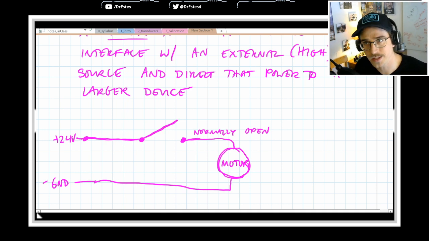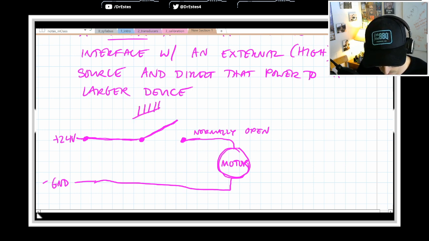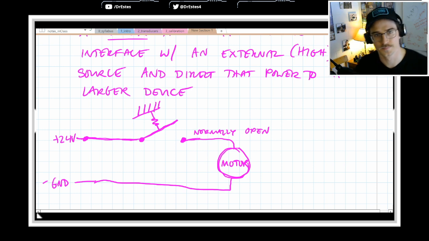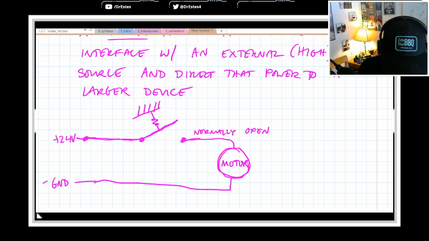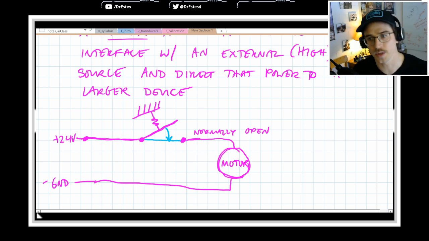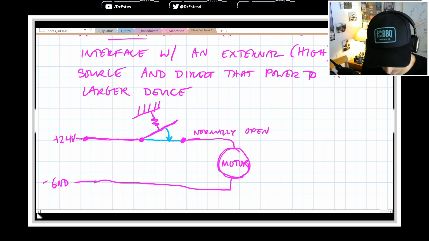And I want you to imagine that this latch here is held up by a spring, so it wants to stay in this normally open position. But if we were to close it, the circuit would be closed and we would have current flowing through.